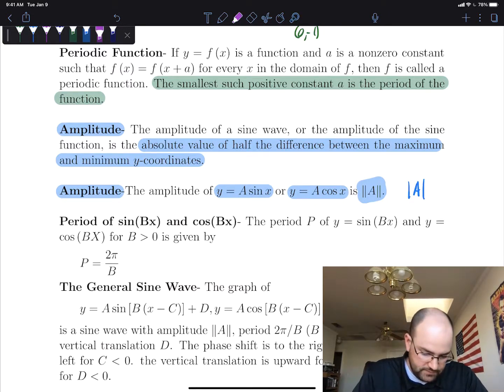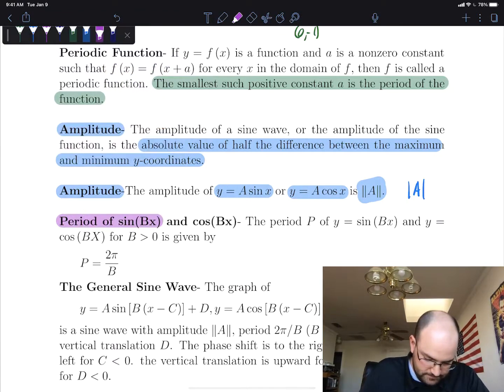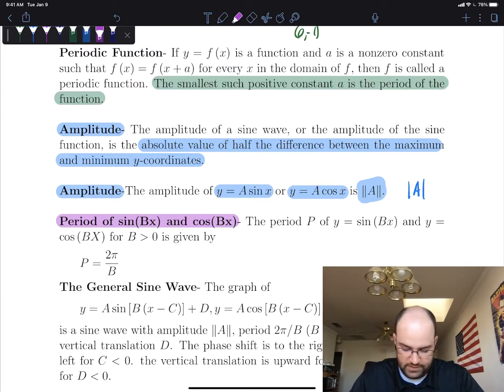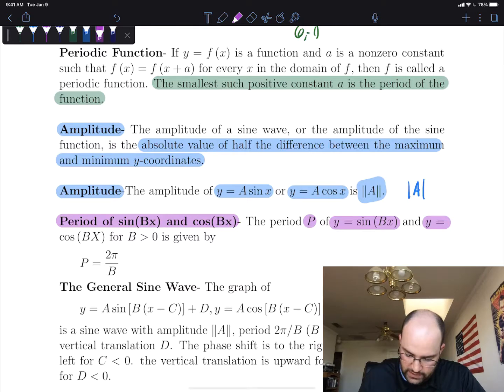Now, let's talk about how we find periods. The period of sine of bx and cosine of bx. The period p of either y equals sine bx or y equals cosine bx for b greater than 0 is given by the period equals 2 pi over b.